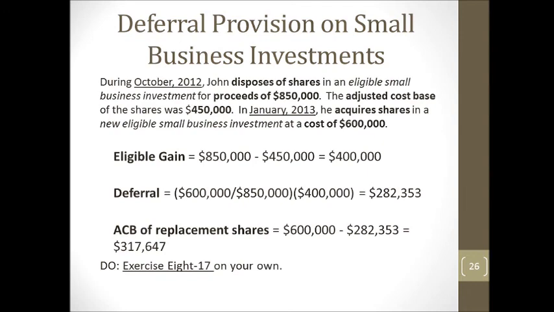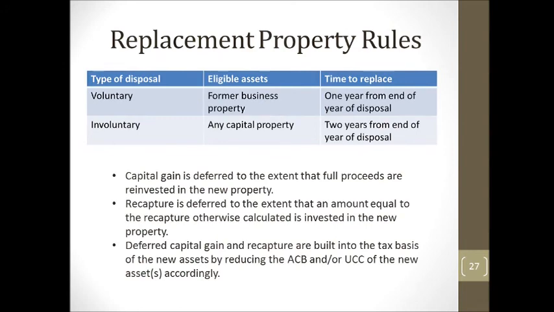On the next slide now, we're going to shift our discussion to the replacement property rules. Often when a taxpayer disposes of capital property, there are tax implications, such as having to recognize a capital gain, or in the case of depreciable property, the inclusion into income of any recapture.